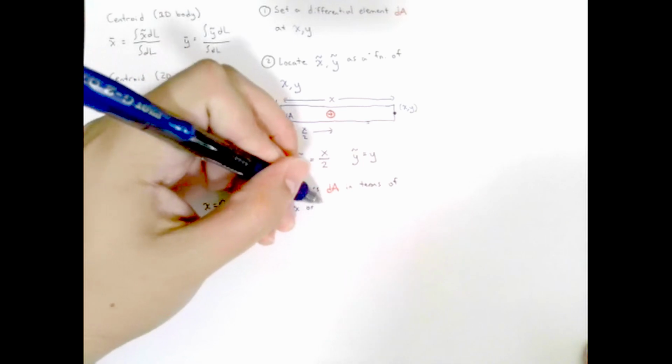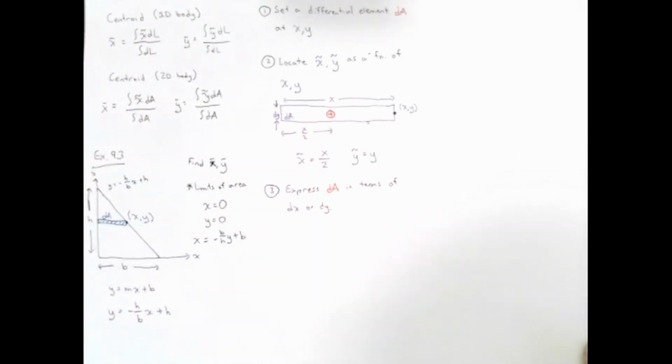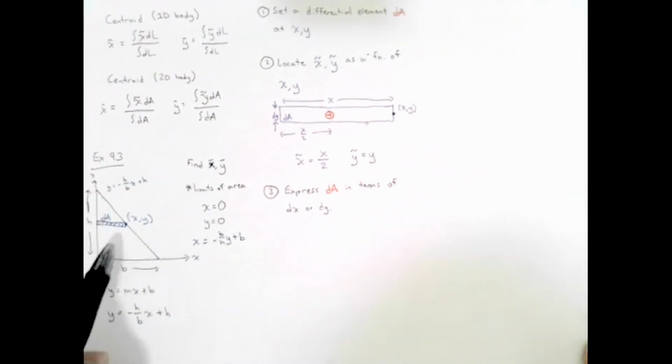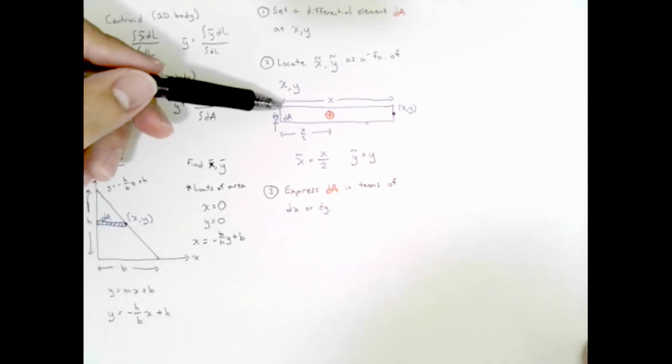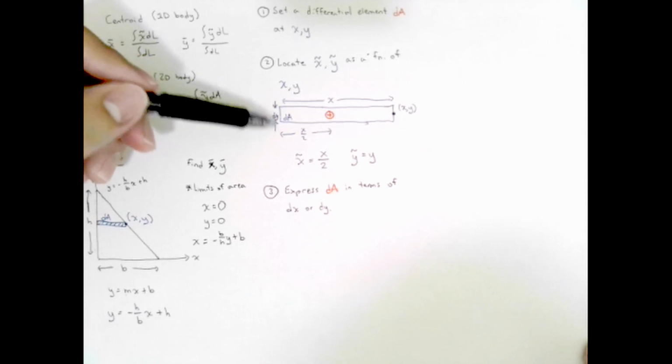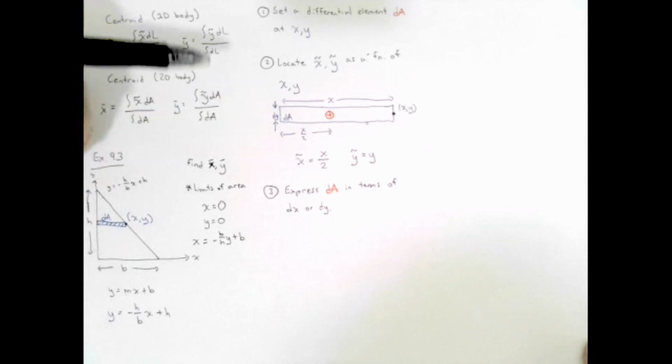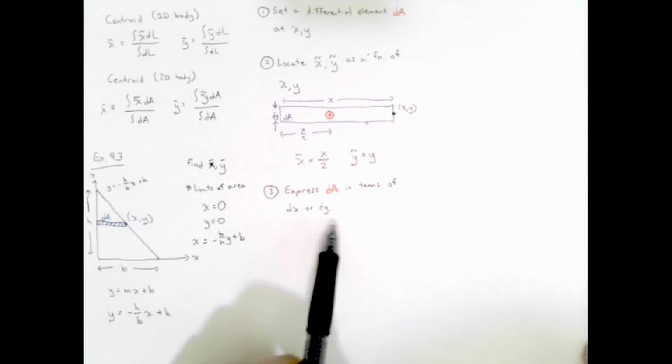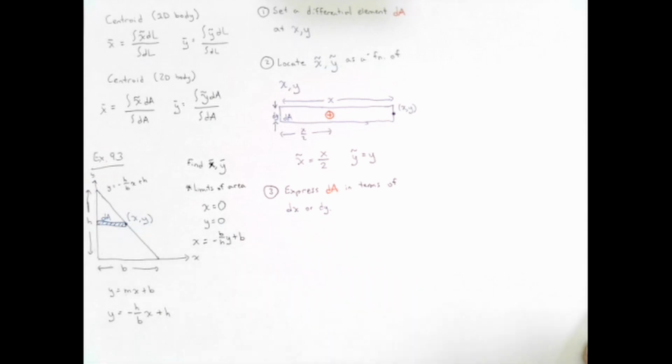Now here's my question. Because I chose to draw this element horizontally, that means that my element already has a differential length dy. Which of these two operators do you think we should use, dx or dy?